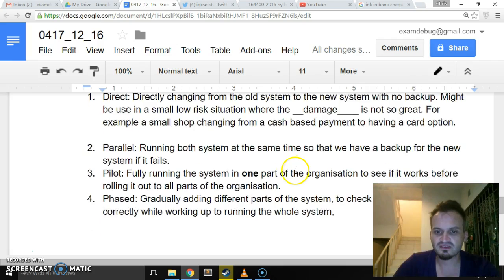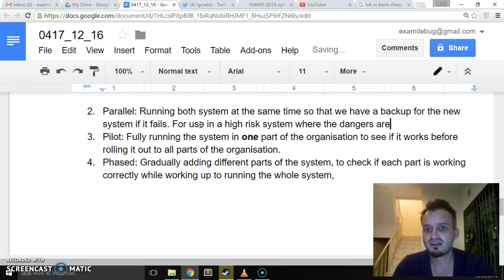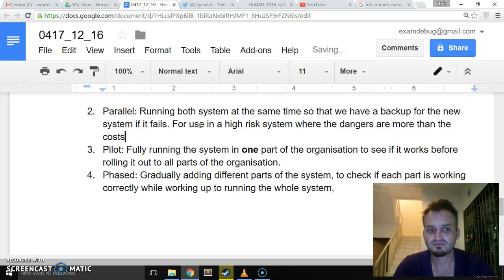Parallel, running both systems at the same time so we have a backup of the system. For use in a high-risk system where the risks or the dangers are more than the costs.